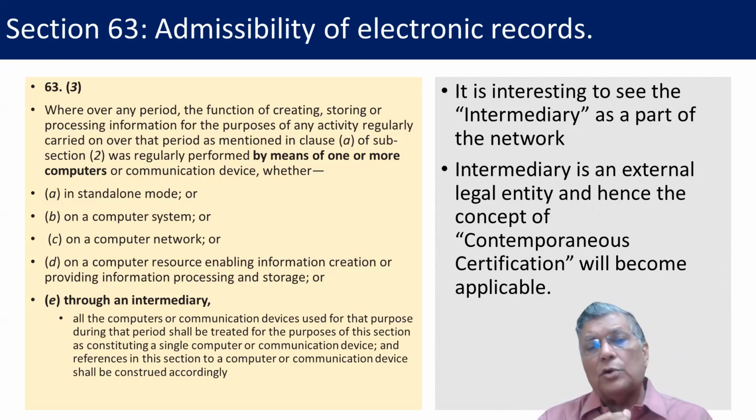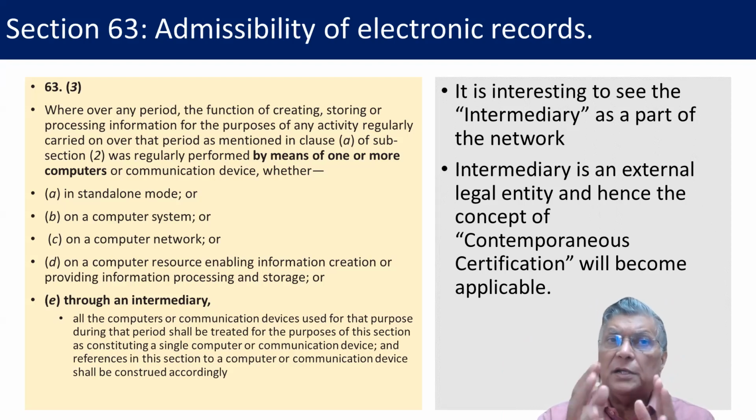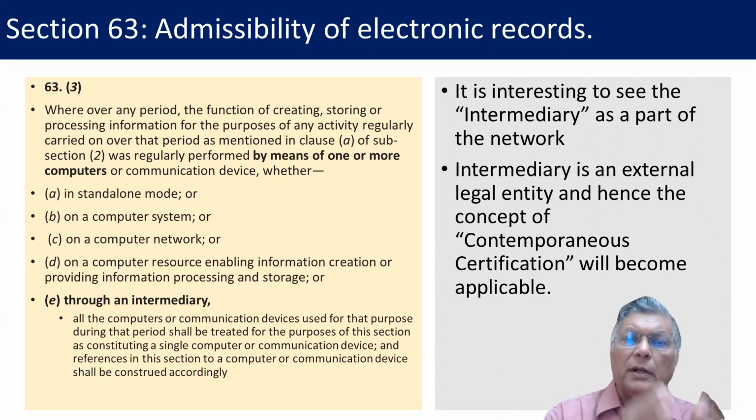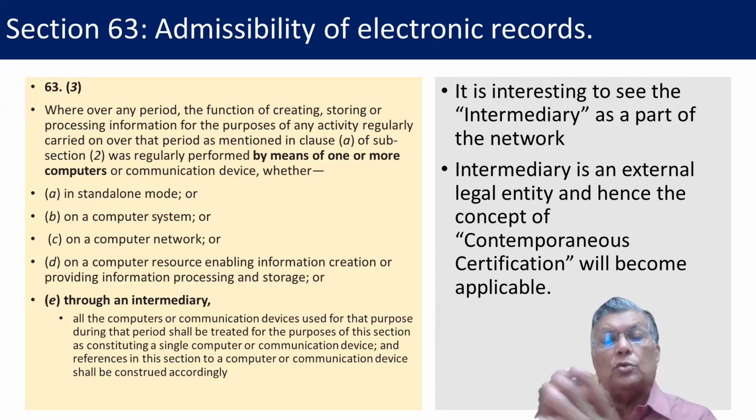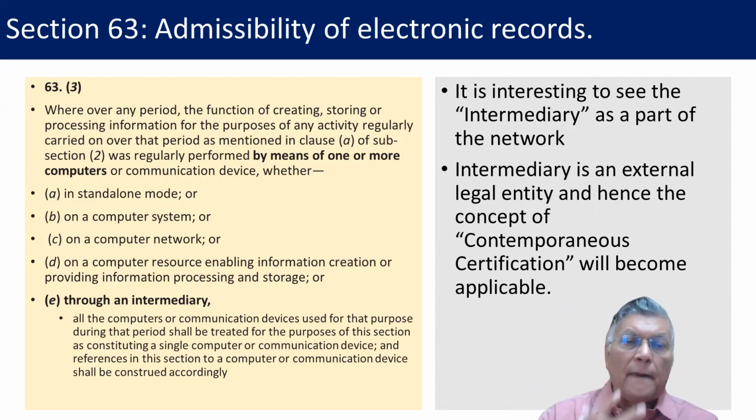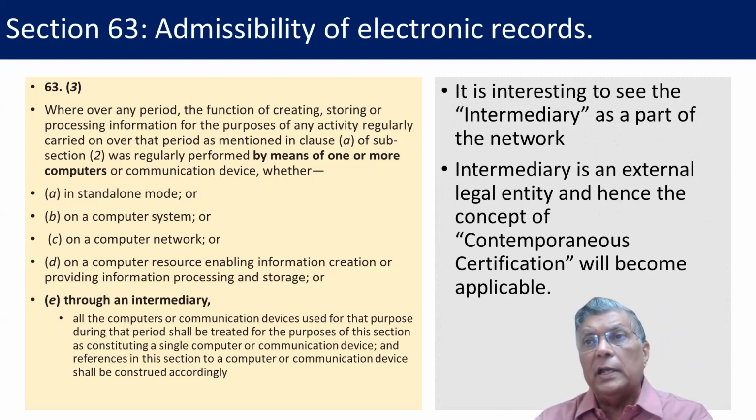That is when the court said that whenever such things happen, we need to have a contemporaneous certification under section 65B before a document is shifted from one container to another container. Now we are talking under section 63(3), an intermediary. Now I am shifting my data to the intermediary.